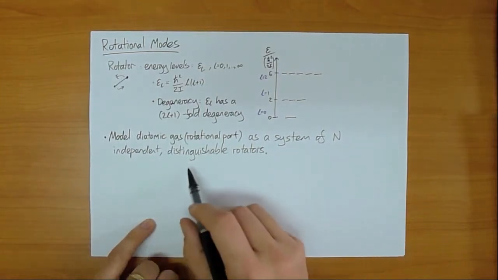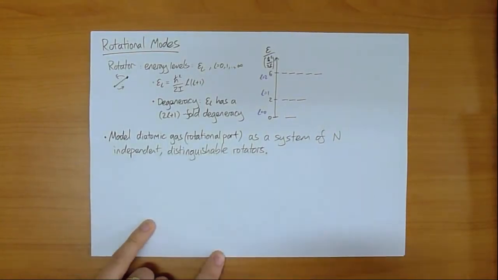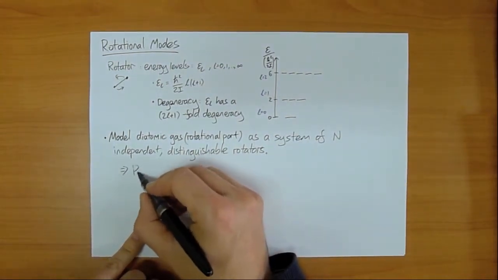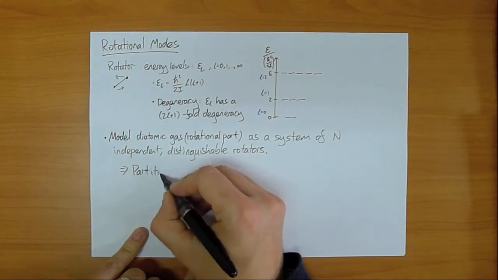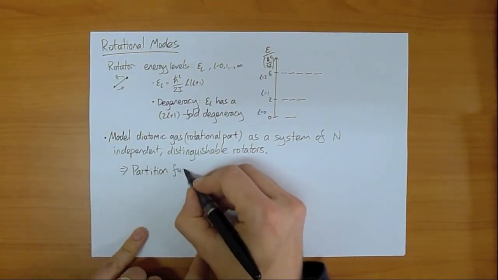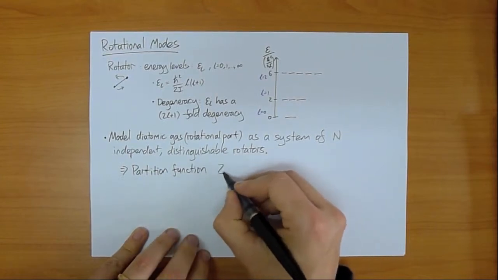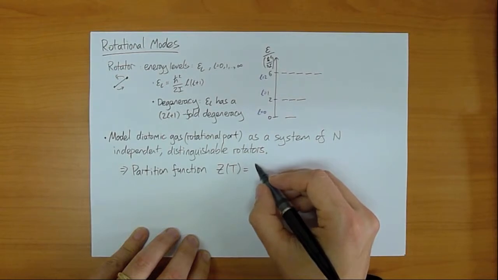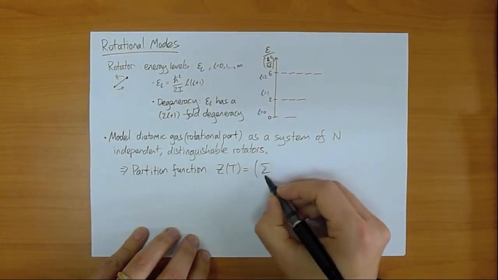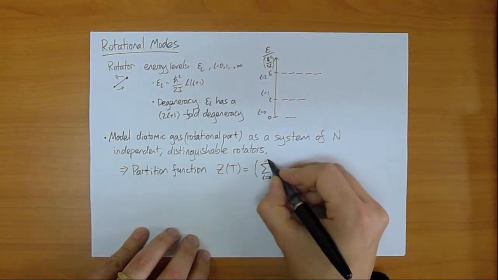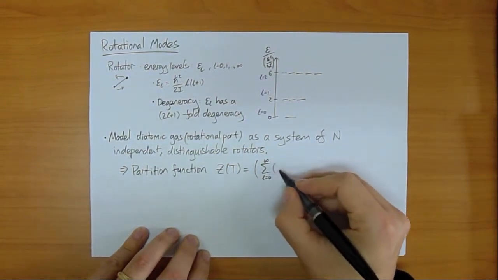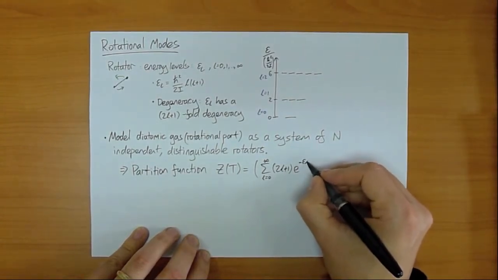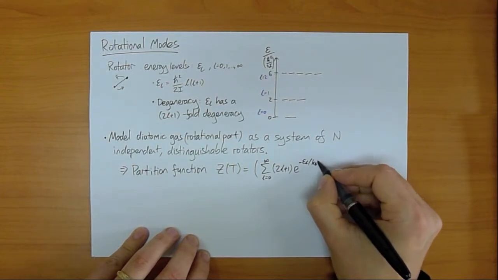So that's our model, and we've seen that for independent distinguishable particles the partition function takes a simple form. So this is z, a function of t, and it's defined as the sum over all single particle energy levels, so L goes from 0 to infinity, and the degeneracy is 2L plus 1, and then I have the Boltzmann factor, e to the minus epsilon L over kBT.